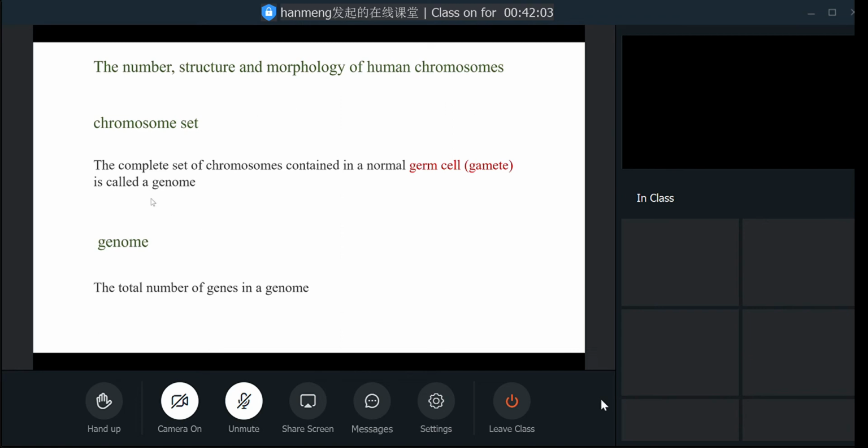And the total number of genes in a genome is a genome. Oh, sorry, here is a mistake.